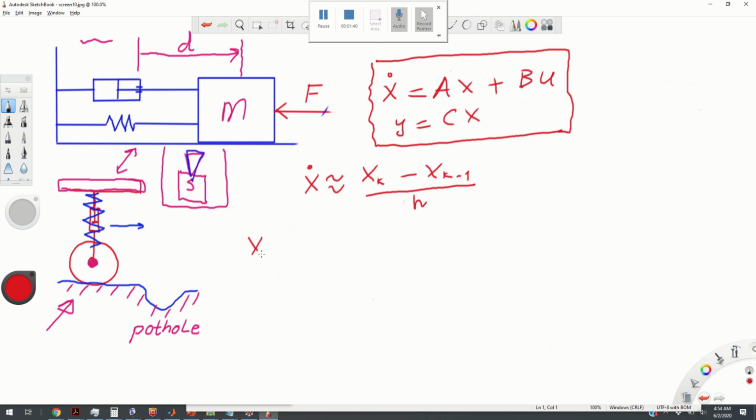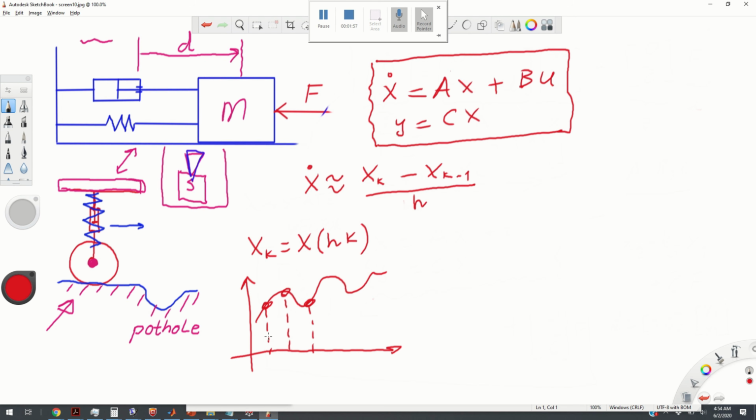And I'm going to repeat the notation. Xk denotes the state at the time instant hk. So if this is our state trajectory, we are looking at the state of the system at discrete time instants.